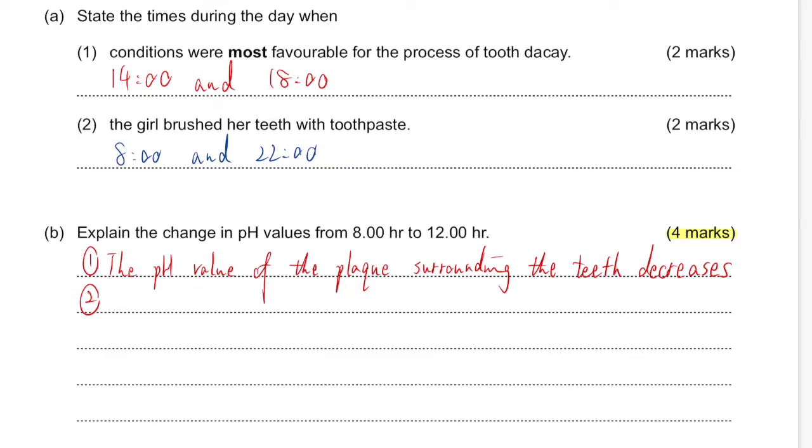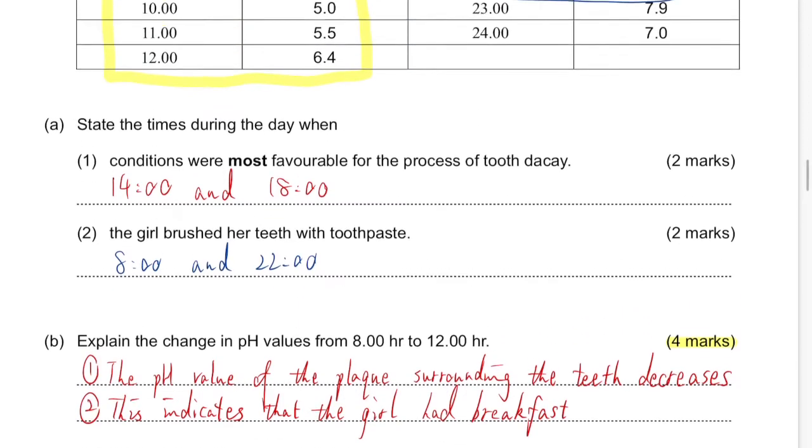Okay, and then we need to explain what causes this decrease. Okay, this indicates that the girl had breakfast before that. Okay, so as you can see, when she had breakfast, let's take a look.